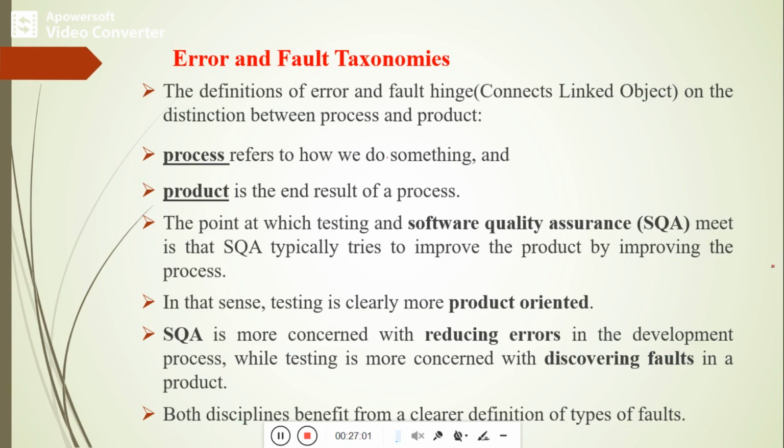SQA, the software quality assurance cell, is more concerned with reducing the errors in the development process, while testing is more concerned with discovering faults. So please make a difference. We are talking about the errors during the development process of that particular product, and we try to reduce those errors using the SQA team. They give more concern to reducing the errors during the development of the product.